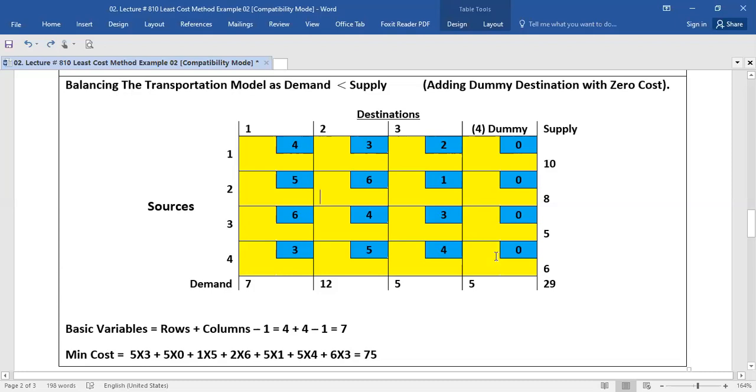So we will make our allocation on the top of this cell. What is the reason I am making my allocation in this cell? Because we will satisfy this demand. In which cell you will put your demand, the column will be crossed out like this.